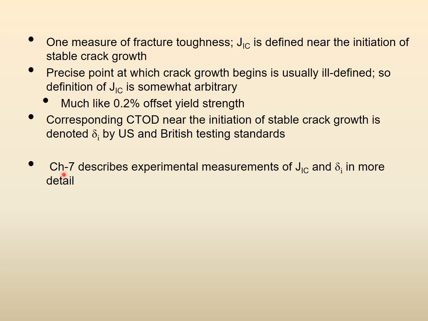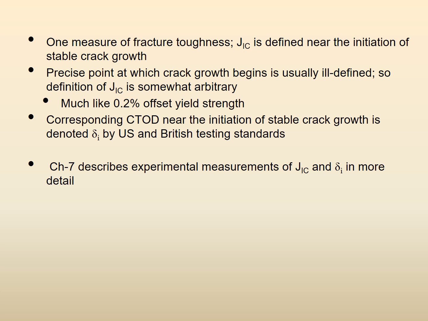Chapter 7, which we are not covering, describes the experimental measurements of J1C and delta I in more detail. We have told you in the previous slides how you experimentally measure CTOD, or delta, and how you experimentally measure J, the J integral.